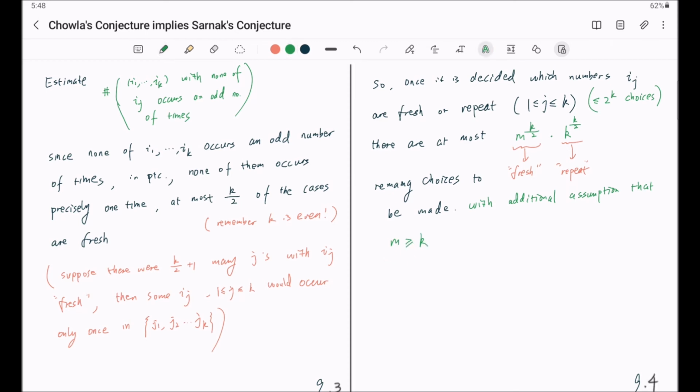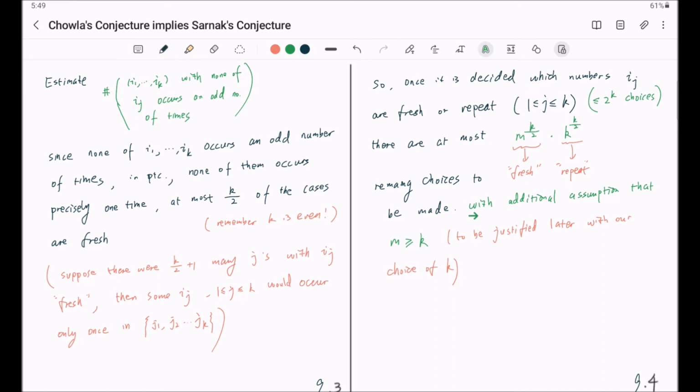But at this moment, we are not very sure why m can be greater or equal to k. We will justify this assumption later with our choice of k. We have to finalize our choice of k in the end. Anyway, you will see.